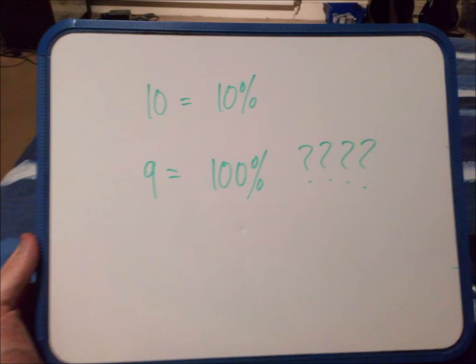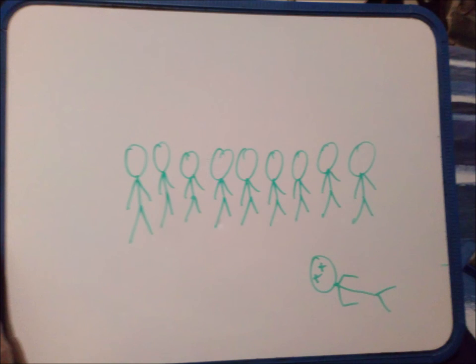Why has their percentage increased to 100? Well, all of the red people have died, so the only people left on the island are green. So they have gone from representing just 10% of the island's population with only 10 people to representing 100% of the island's population with just 9 people.